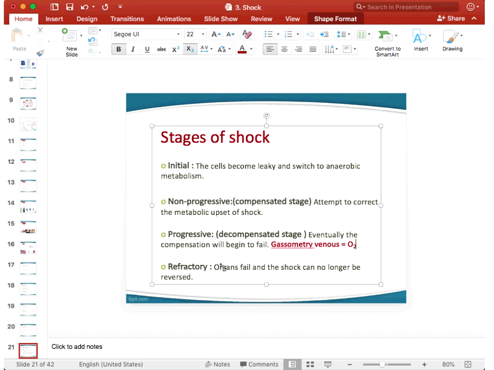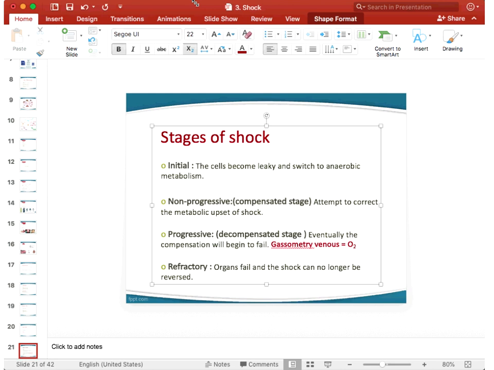But if you find it below 75, that means that your patient is consuming more oxygen than the one that is already being provided. So the limit is 75. As long as they have less than that, you can suspect shock? Yeah.